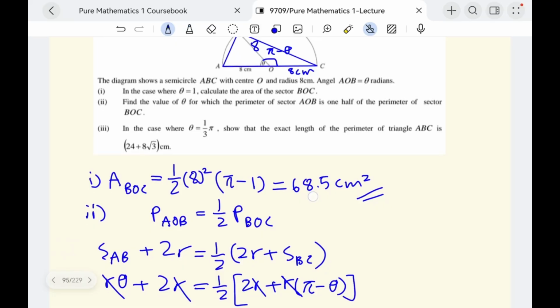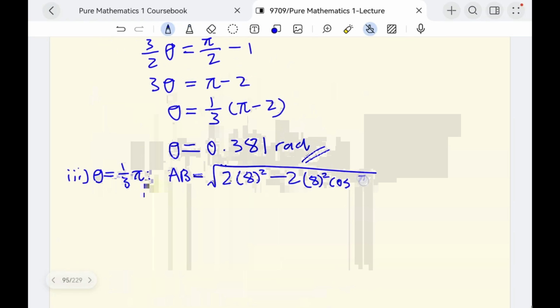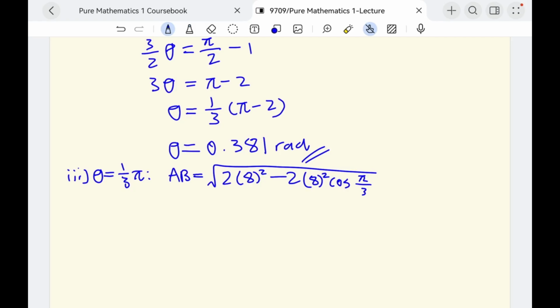What is theta? Theta is pi over 3, right? Make sure the angle unit in your calculator is in radians. Don't forget to convert it, and don't make careless mistakes because of basic conversions.